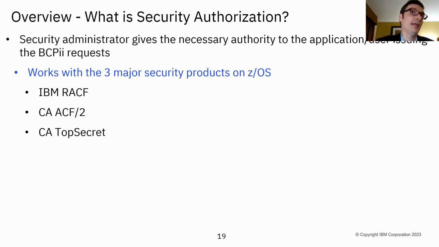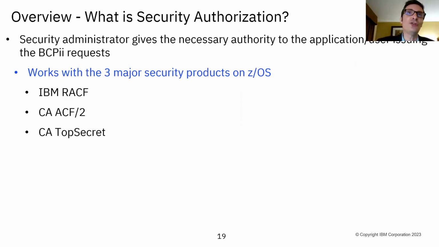And then a third one is IBM, and it's RACF. These three provide the authentication and means to ensure that a person is who they say they are when they log on to the system, and to provide that basic authentication. And do they have authority? Not only can they log on, but can they access certain resources that are available on the system?